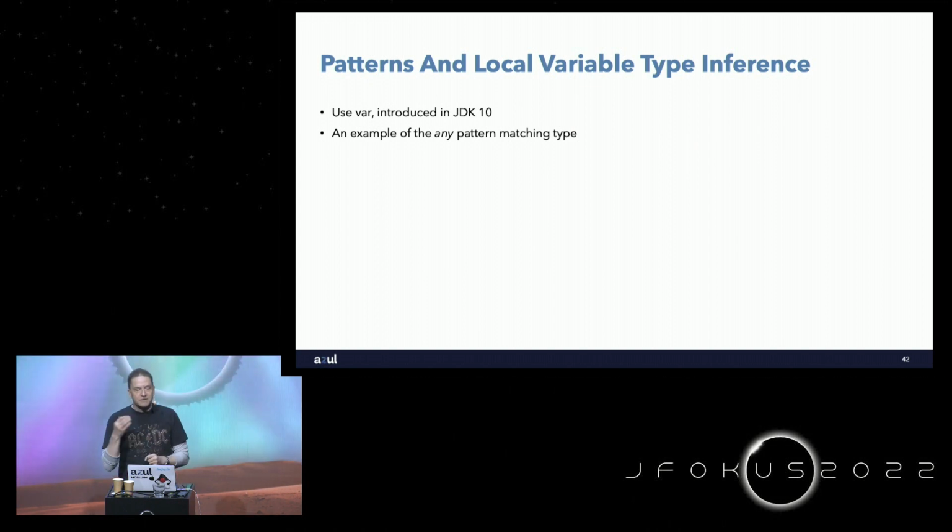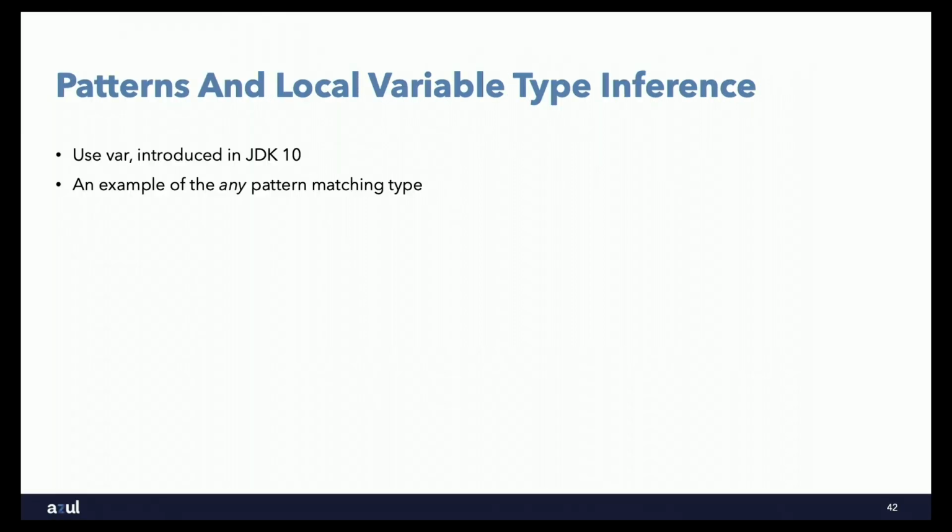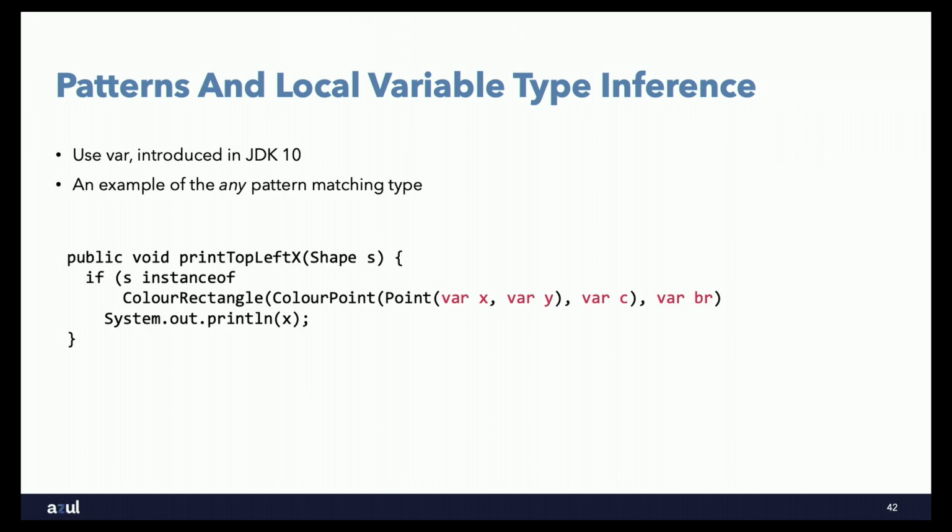So there's patterns and local variable type inference. Local variable type inference was introduced in JDK 10, the var operator. Now we don't have to worry about what the types of things are. Why not use that in our deconstruction pattern? So now what we'll do is say, rather than having to specify all those complicated types, we'll simply say ColoredPoint(Point(var x, var y), var c), var br, and then all we do is reference x.